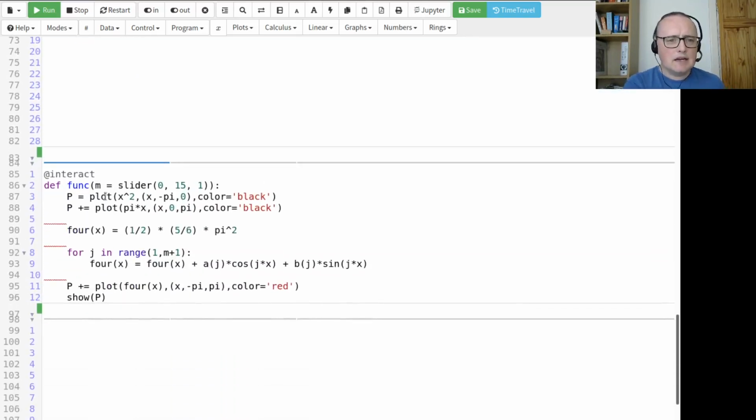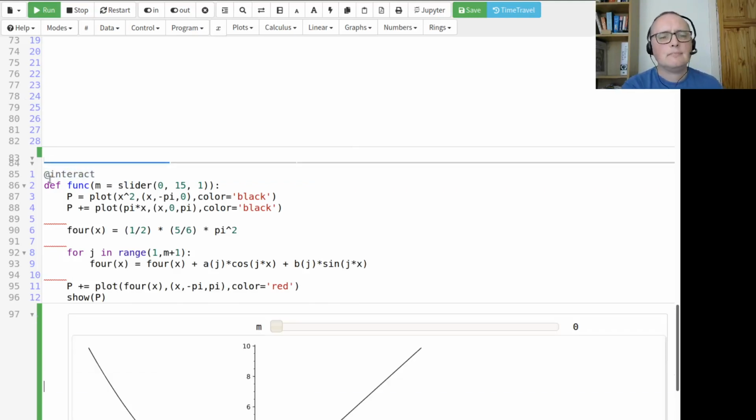And then down here I've got some Sage Python code to illustrate this whole thing. This little decorator here, @interact, produces an interactive object. It's controlled by this slider here.